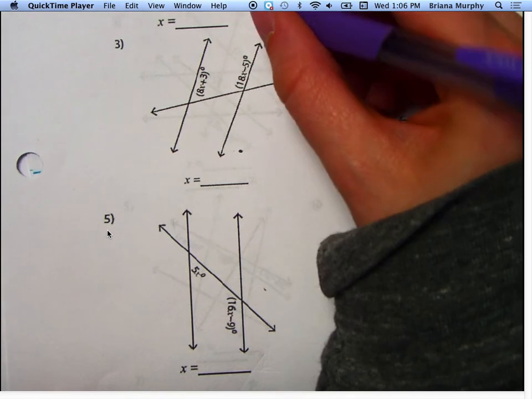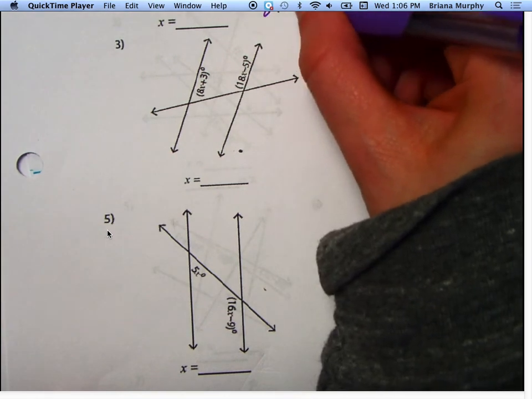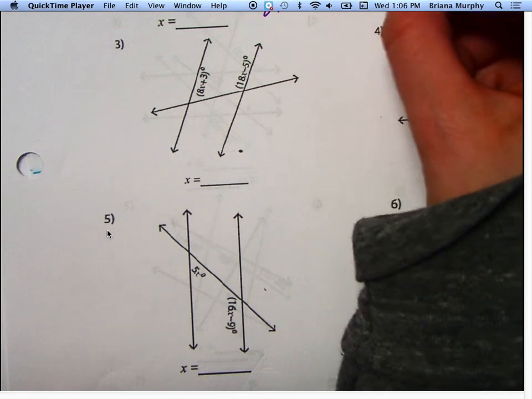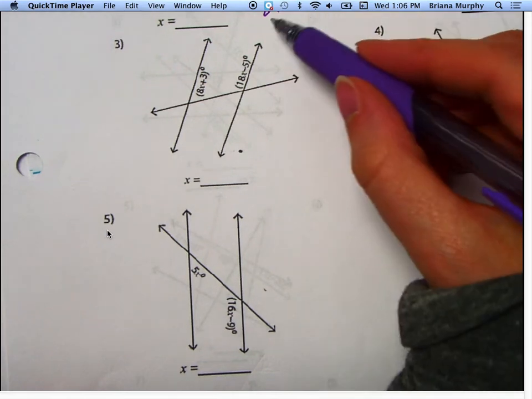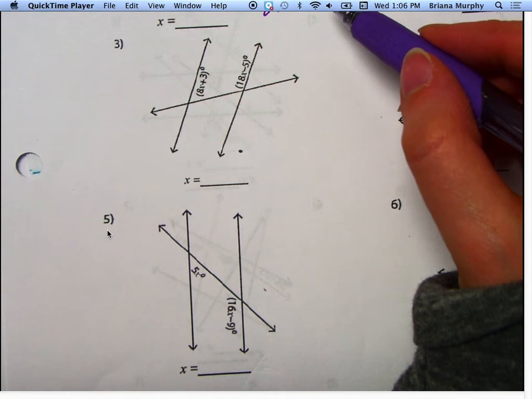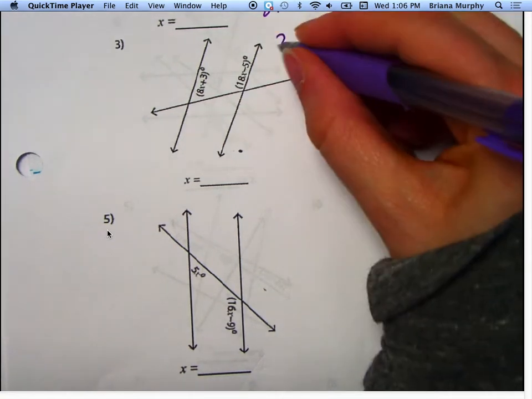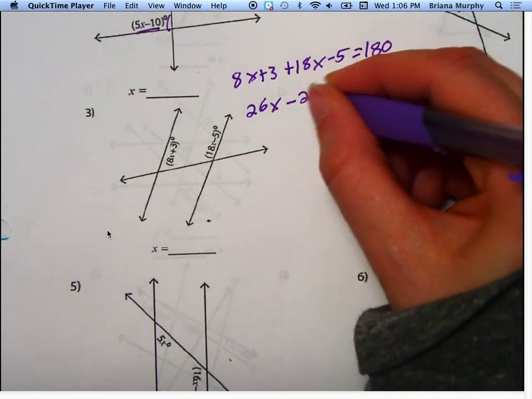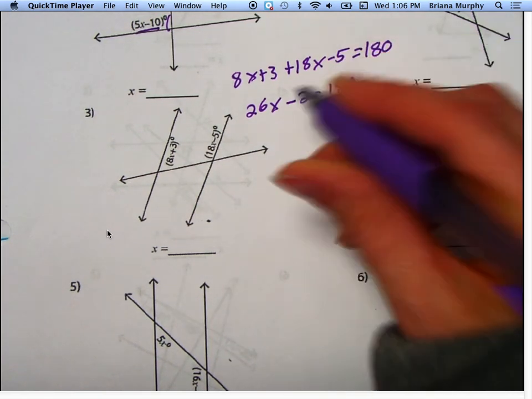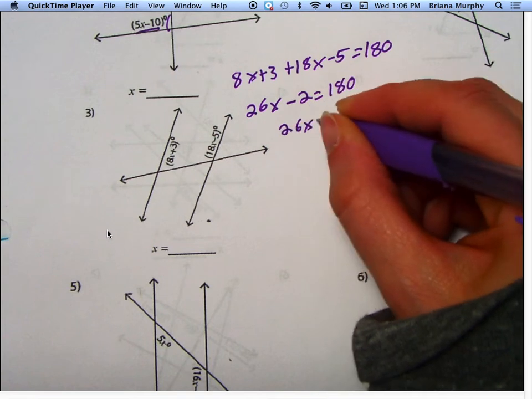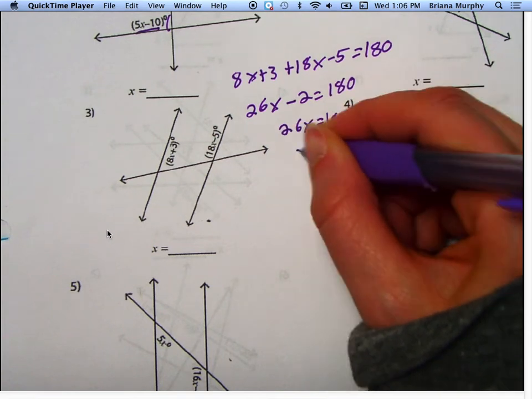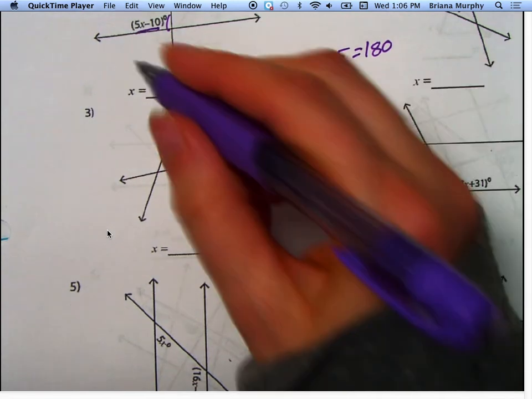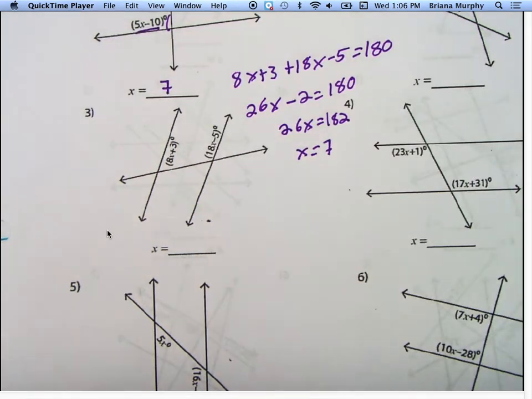So I know they add up to 180, so I can say 8x plus 3 plus 18x minus 5 equals 180. 8 plus 18 is 26, so 26x minus 2 equals 180. So 26x equals 182. So x equals 7, because 26 goes into 182 7 times. So you just solve it just like that.